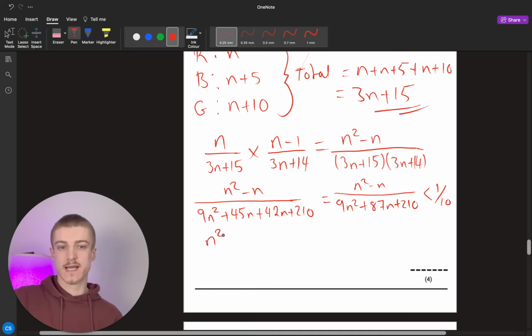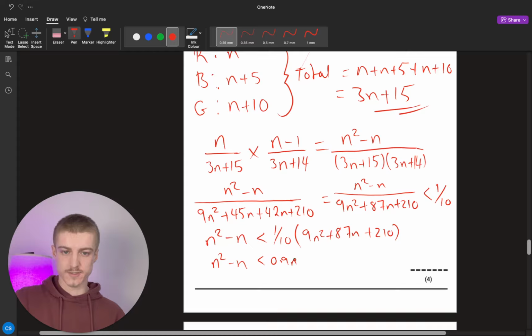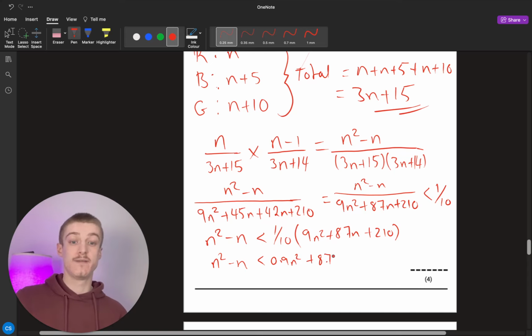Now we have decimals, so let's remove the decimals to one decimal place. So we're going to multiply the entire equation by 10. So 0.1 times 10 leaves us with 1, so that's just n squared minus 9.7 times 10, 97n, and then 21 times 10, minus 210, is less than 0. And we were told to show that n squared minus 97n minus 210 is less than 0, and that is what we have come to at the end.